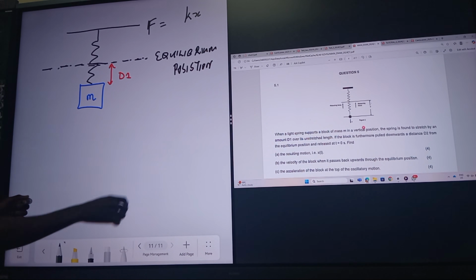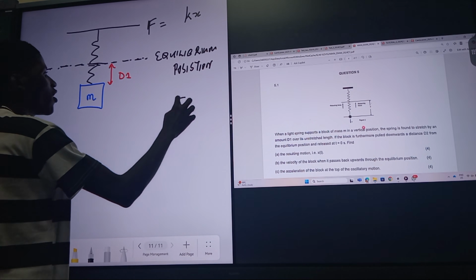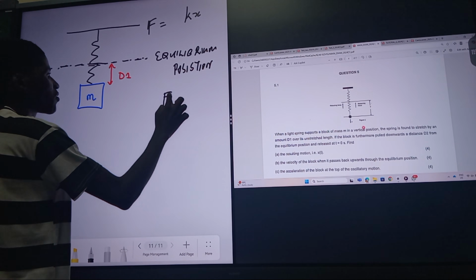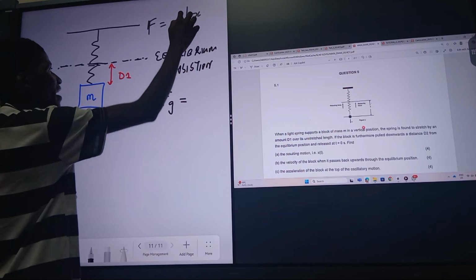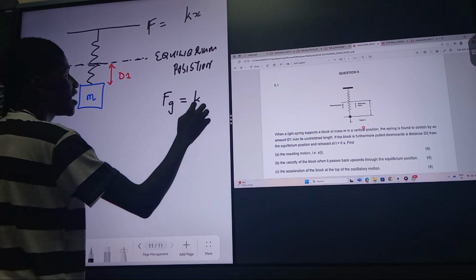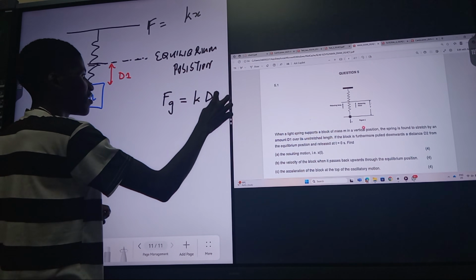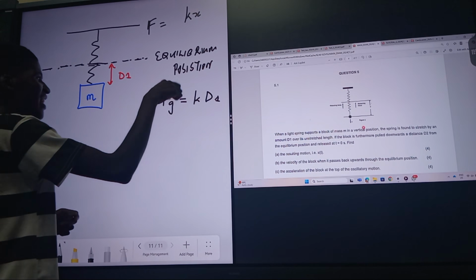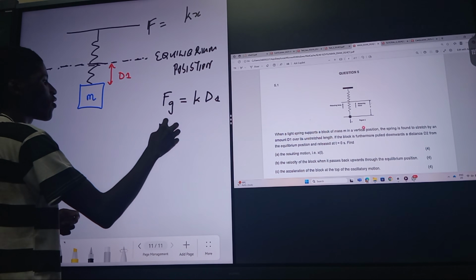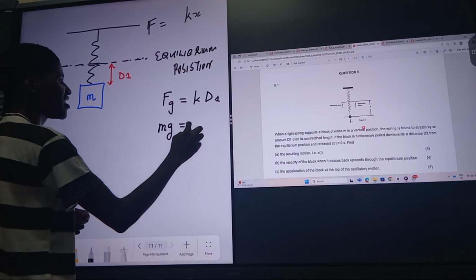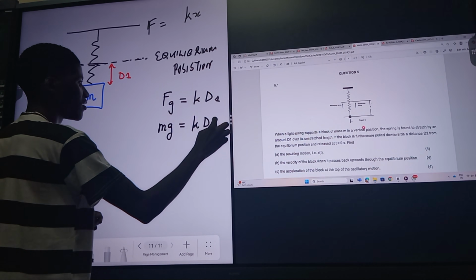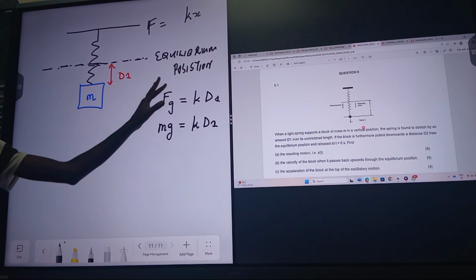So substituting what we know, the force exerted is the force of gravity, and then the spring constant k, and then the displacement caused by the force of gravity, which is d1. The force of gravity is mg, so mg equals k d1. Let's just keep this equation.